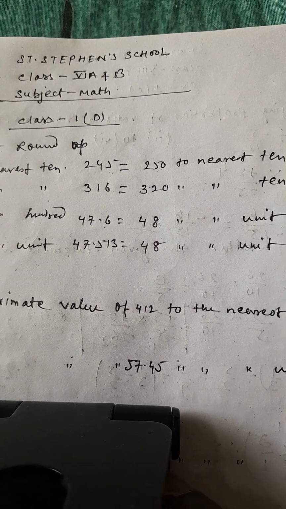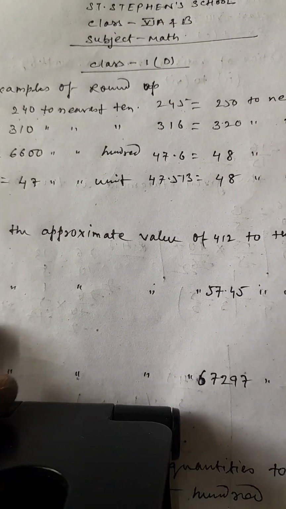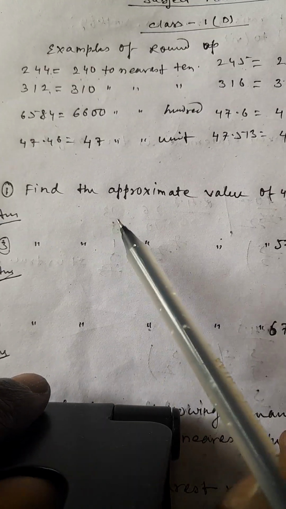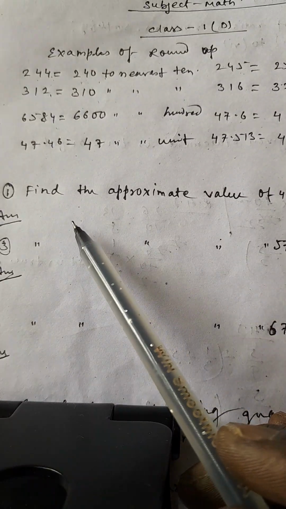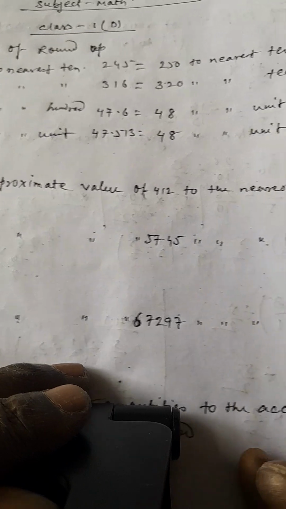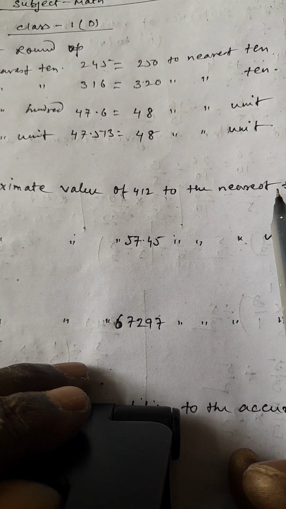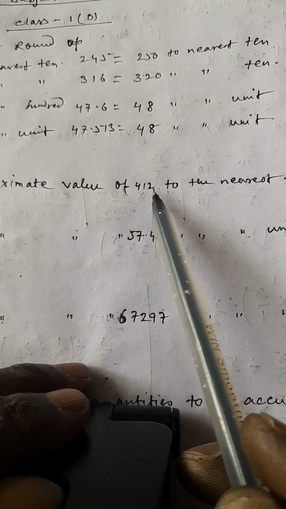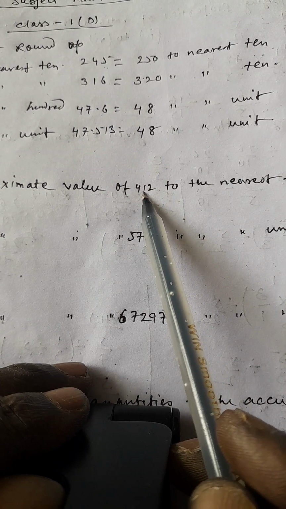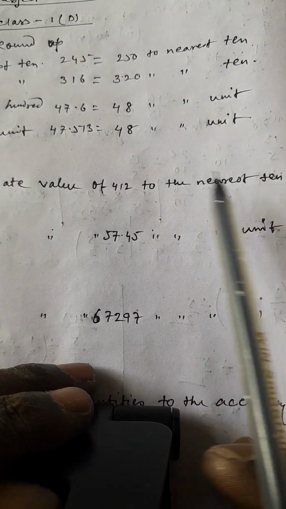In the same way, we have to do all the sums of this exercise. Question number 1 is, find the approximate value of 412 nearest to tens place. So what is the number in the tens place? Here is 1 in the tens place, and we have to write the nearest value up to tens place.